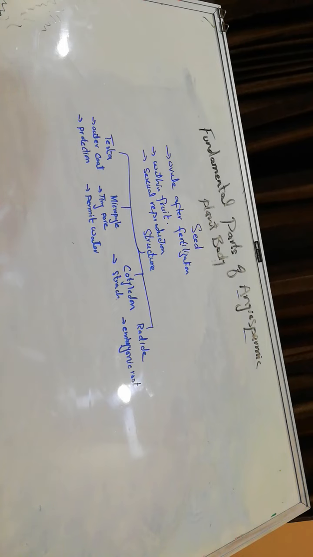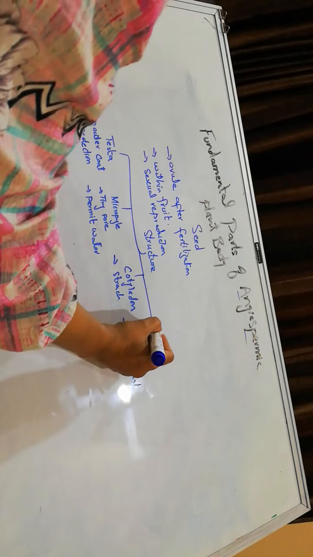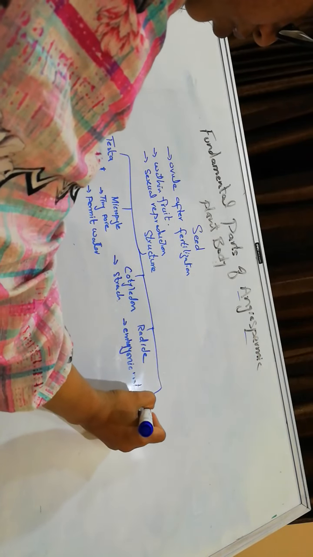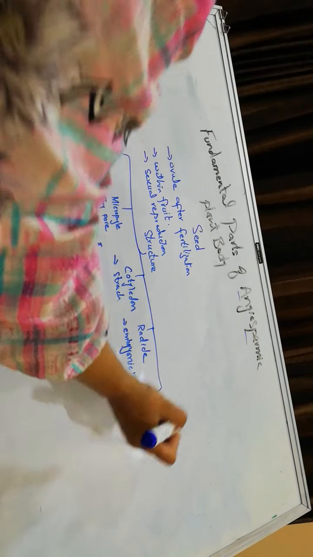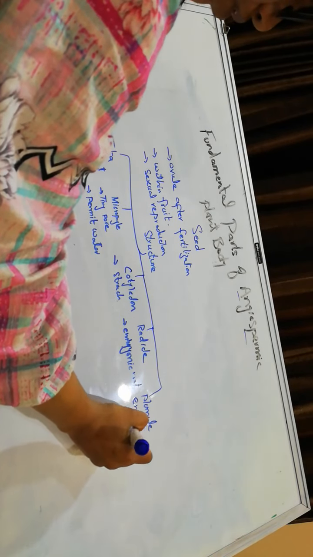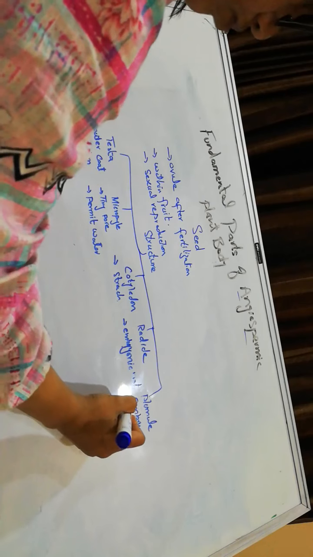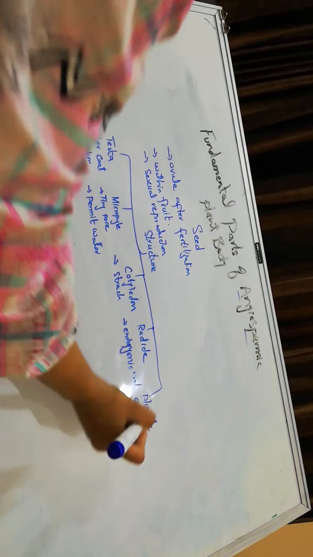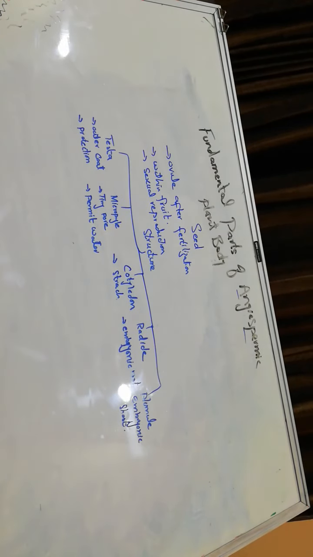It's usually the first part of the embryo to push its way out of the seed during the process of germination. Next is the plumule. That is the embryonic shoot. And the remaining structures in a plant.